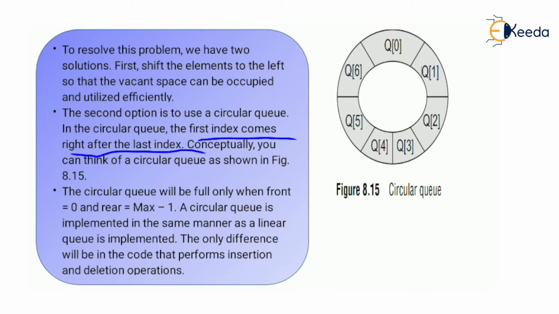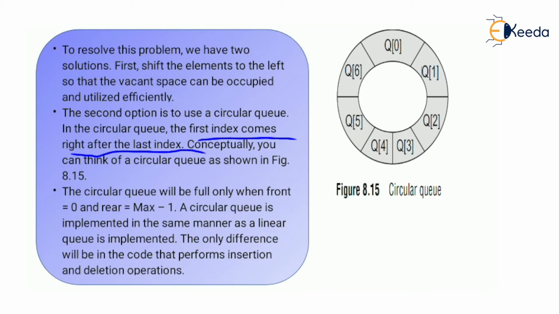Means at the front no space is available, and at the rear side the queue is also full. If space is not available in the circular arrangement, we can think of the queue as full. A circular queue is implemented in the same manner as a linear queue is implemented.